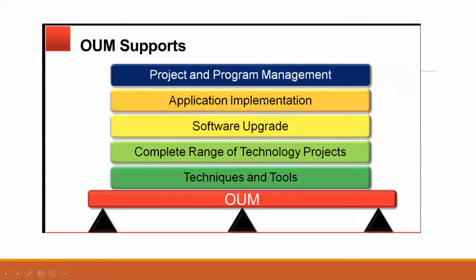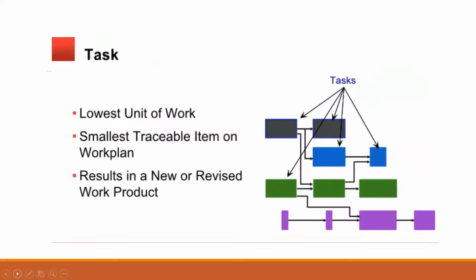It supports application implementation, meaning whatever we are going to implement in Fusion. Software upgrade, so any upgrades that happen, like every quarter Oracle does a release, will be supported. A complete range of technology projects, up to date as being cloud based, so templates, techniques and tools are all part of it.